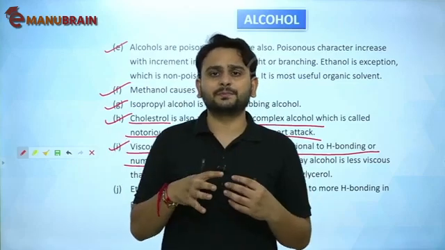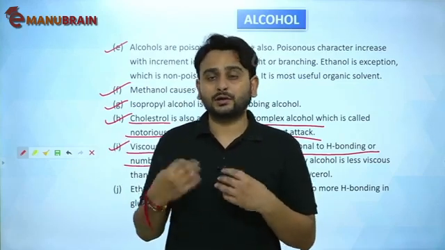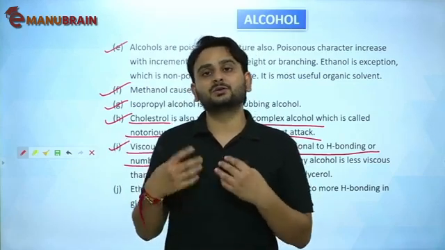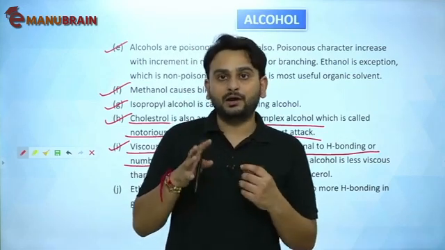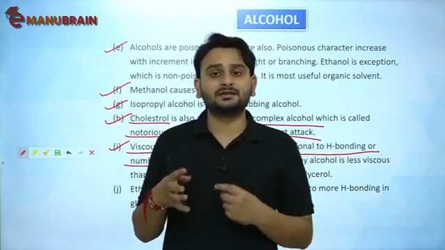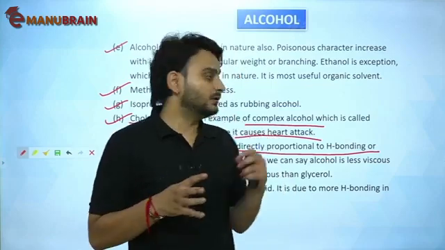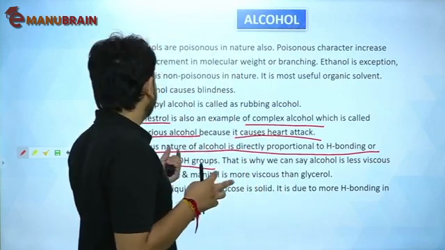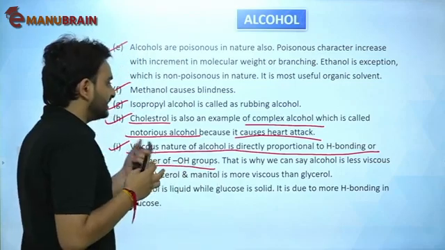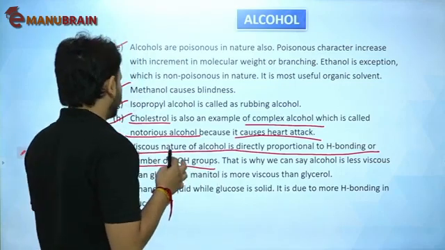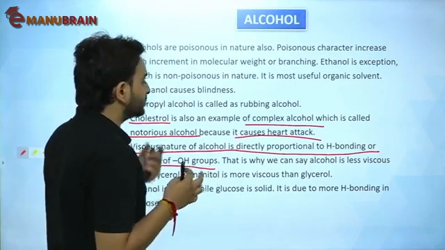There is a separate topic where you'll study in physics how you measure viscosity and other things related to that. But over here, how viscous something is, is directly proportional to the amount of hydrogen bonding or the number of OH groups present.